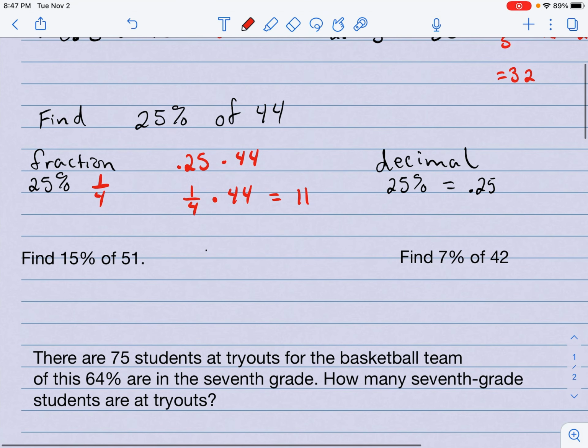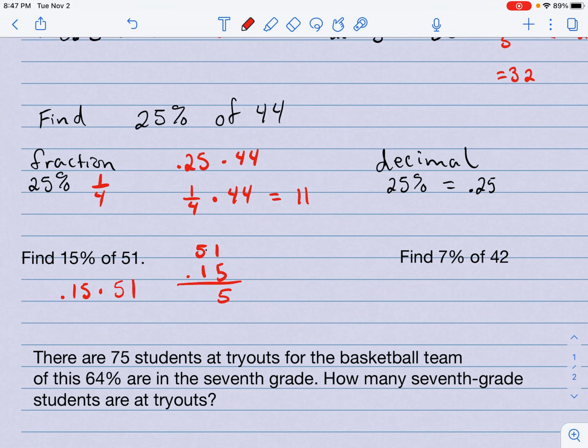Okay, a couple more here. So it says find 15% of 51. So that's just 0.15 times 51. Then you can set it up along division. All we're going to do is bring in the 2 decimal places after we multiply. So that'd be 5, 250. And then this would be 0, 1, 5. You add them up. 5, 6, 7.